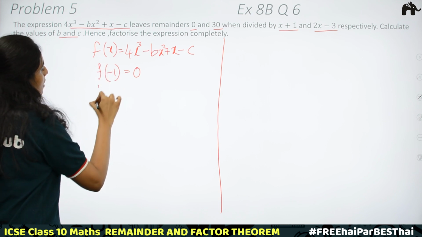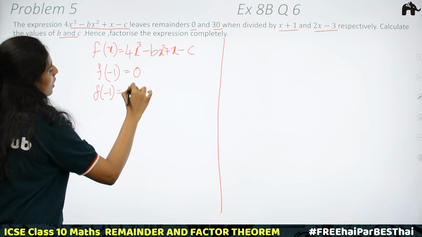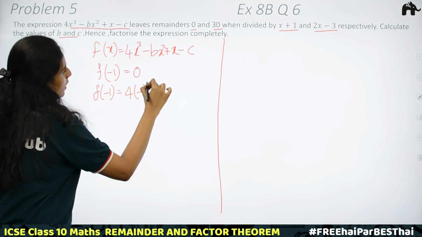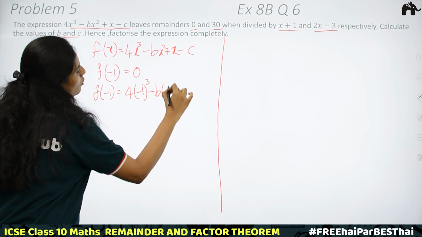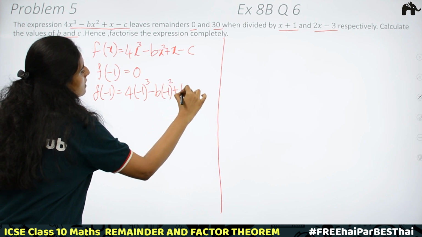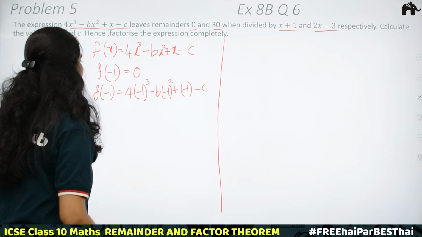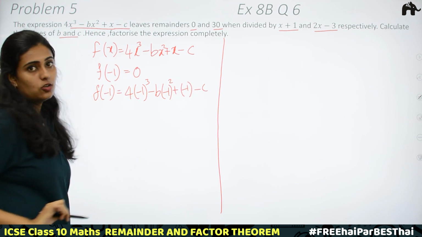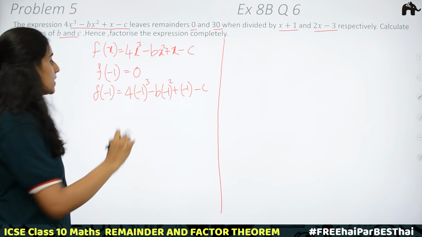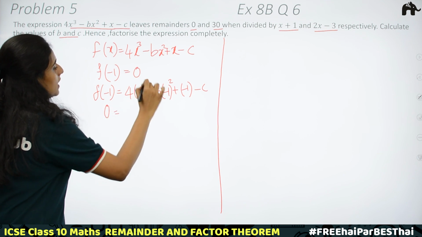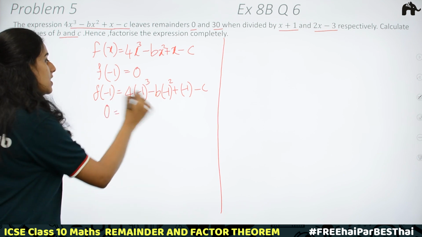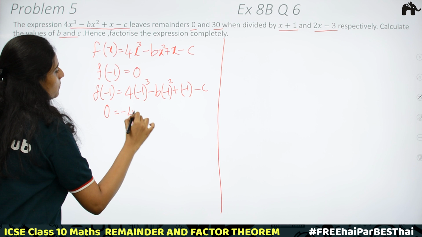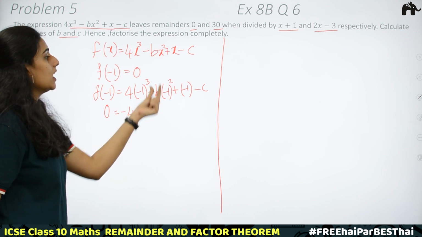Okay, that is f of minus 1 is equal to 4 into minus 1 cube minus b into minus 1 square plus minus 1 minus c. f of minus 1 is 0. Here the remainder is 0. 0 is equal to minus 1 cube is minus 1 into 4, minus 4, minus b into minus 1 square.